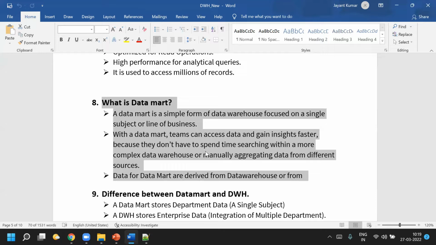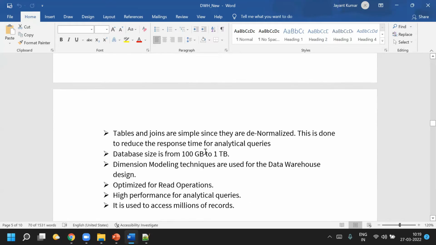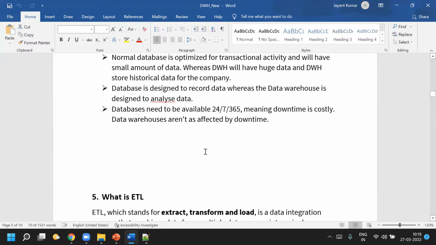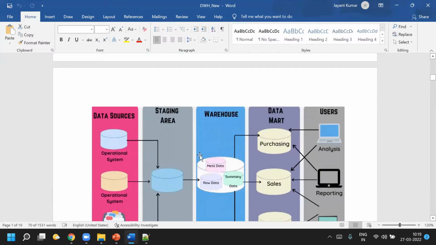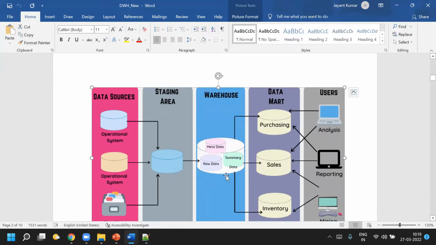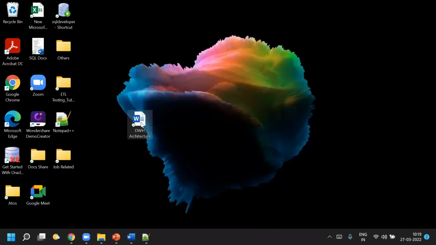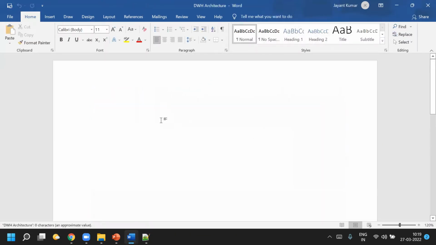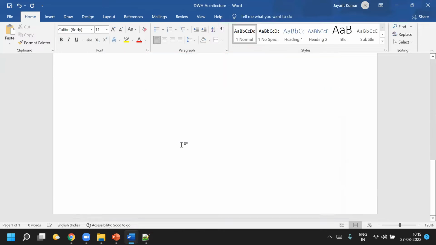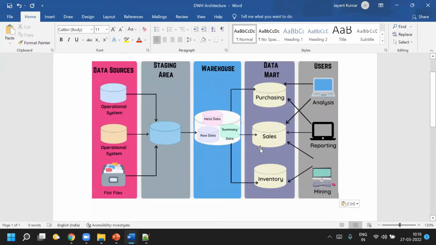A big or medium-sized organization will have separate departments. So once we get the data from this, let me just copy this. If we copy this one, we can say that this is the data mart. It is subject specific. This is also a kind of data warehouse, but it represents one subject area.